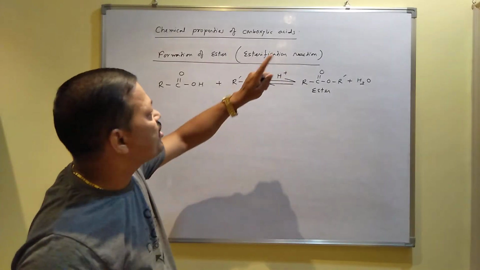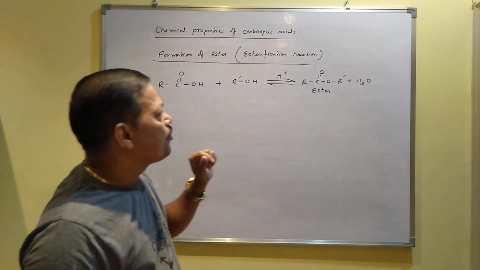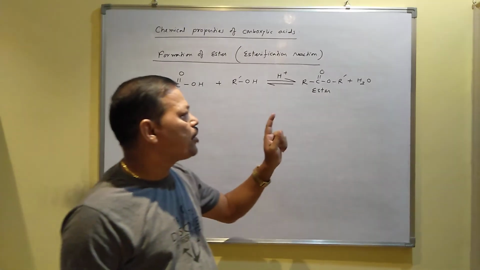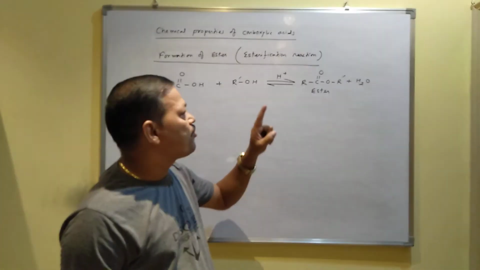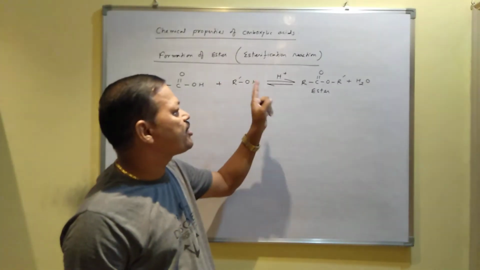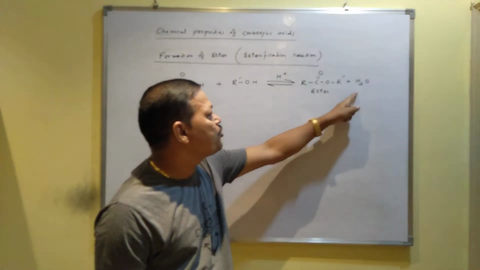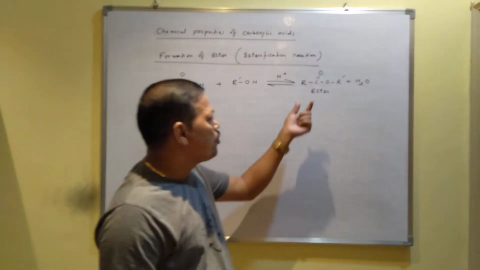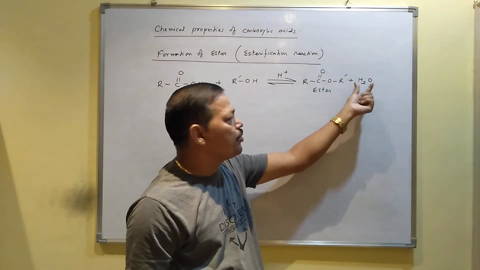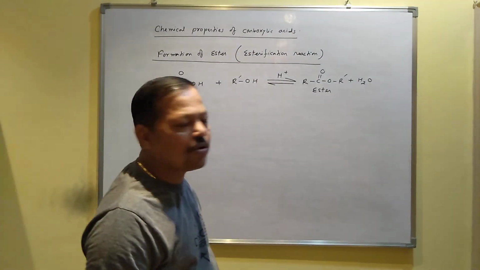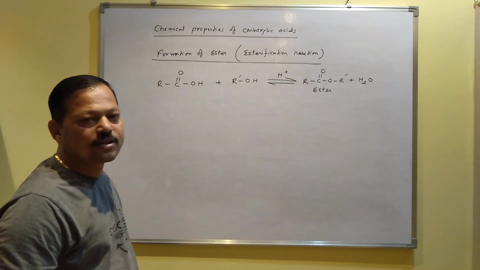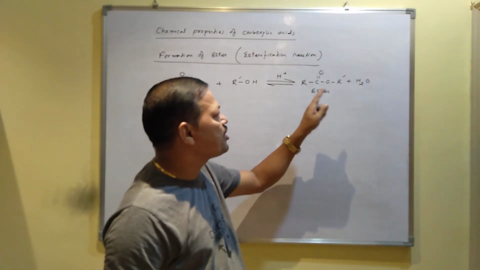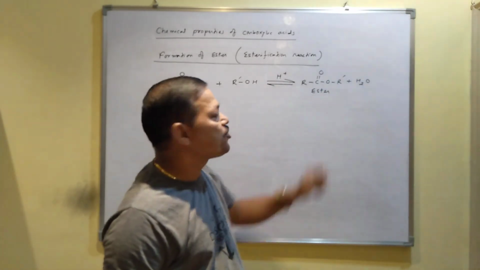This forward direction is called esterification reaction, but the name of the backward reaction is hydrolysis of ester. Because you know, when some organic compound is added with water, that reaction is called hydrolysis reaction, and that's why the reverse reaction, I mean the backward direction reaction, is called hydrolysis of ester.